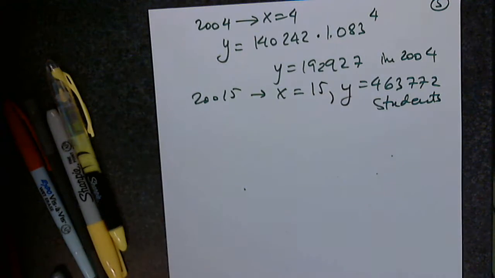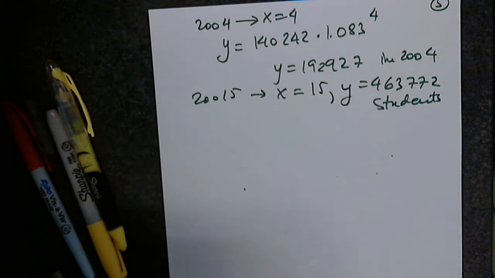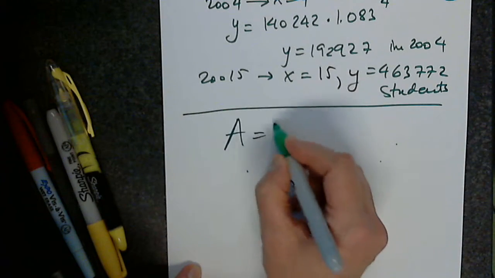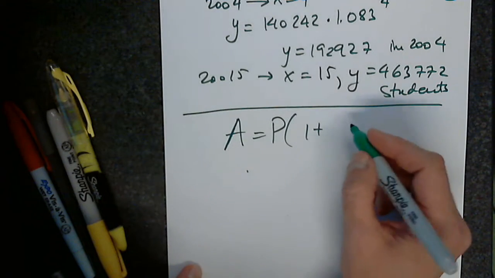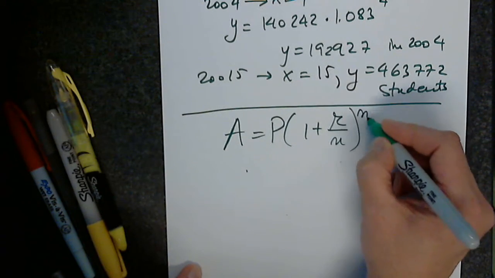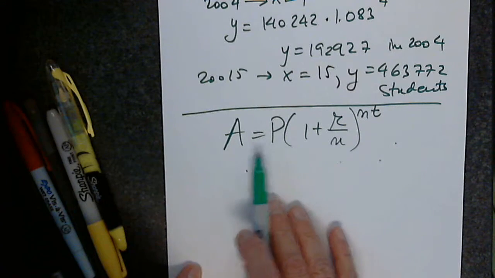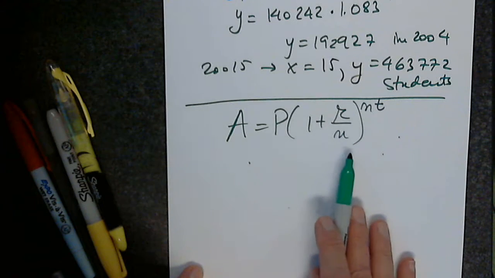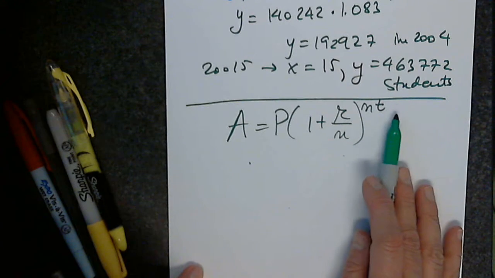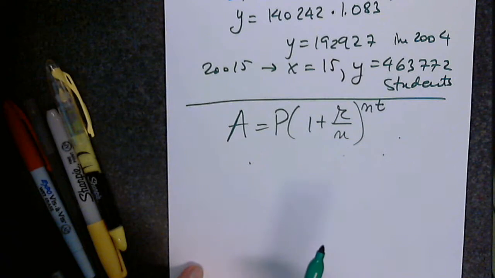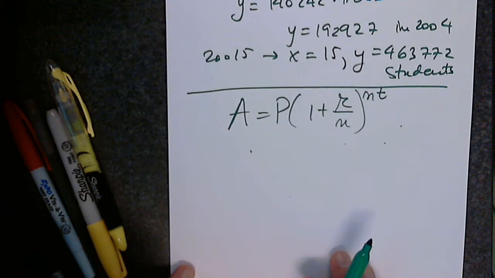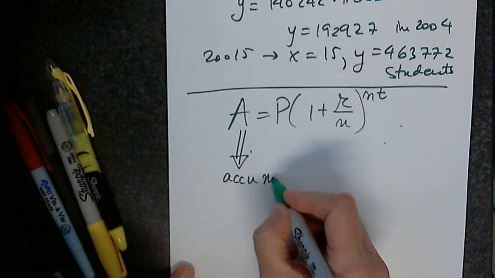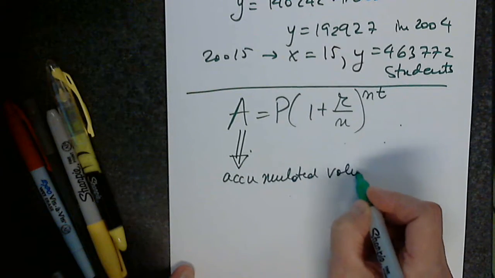We have a formula that will be given to you. I'm not going to ask you to memorize it, but let's talk about the following formula: A equals P times (1 plus r over n) raised to n times t. I will explain what these mean. A stands for accumulated value.